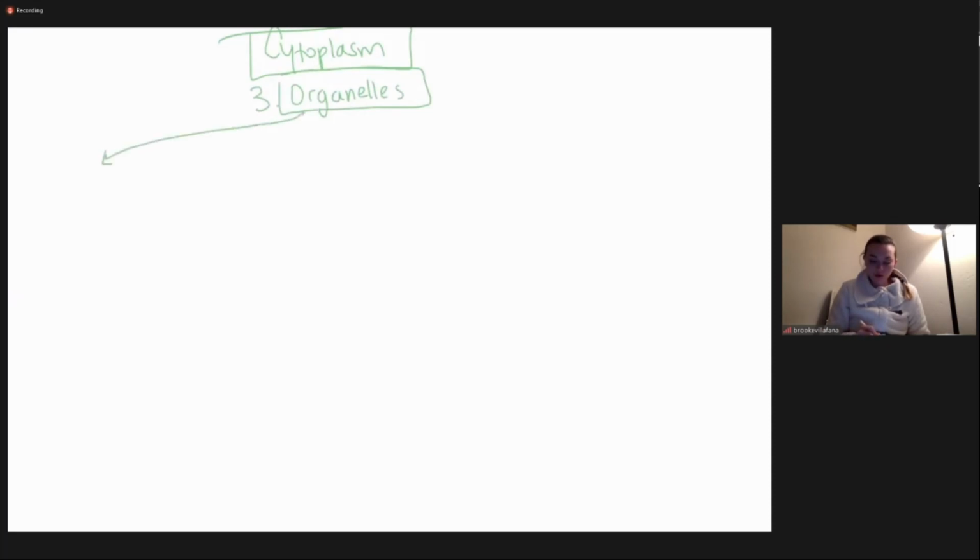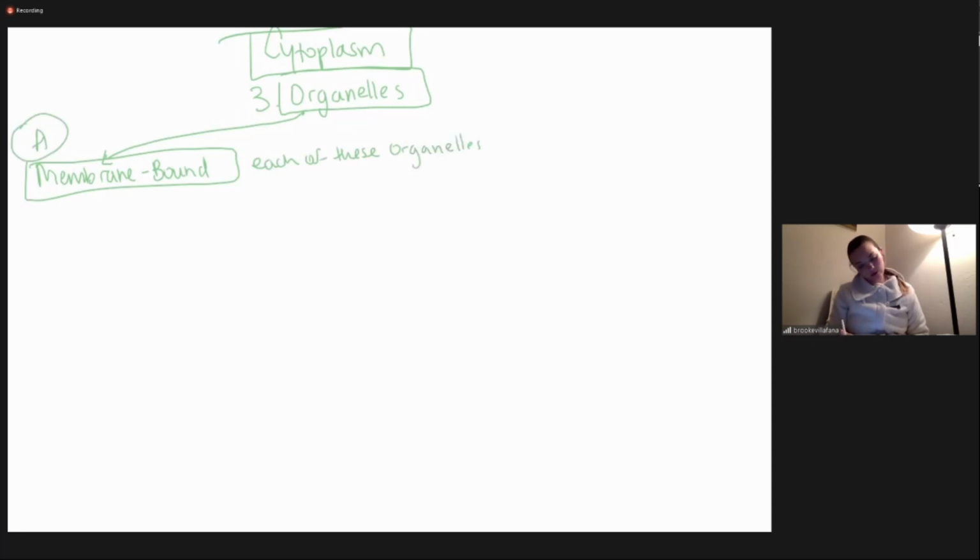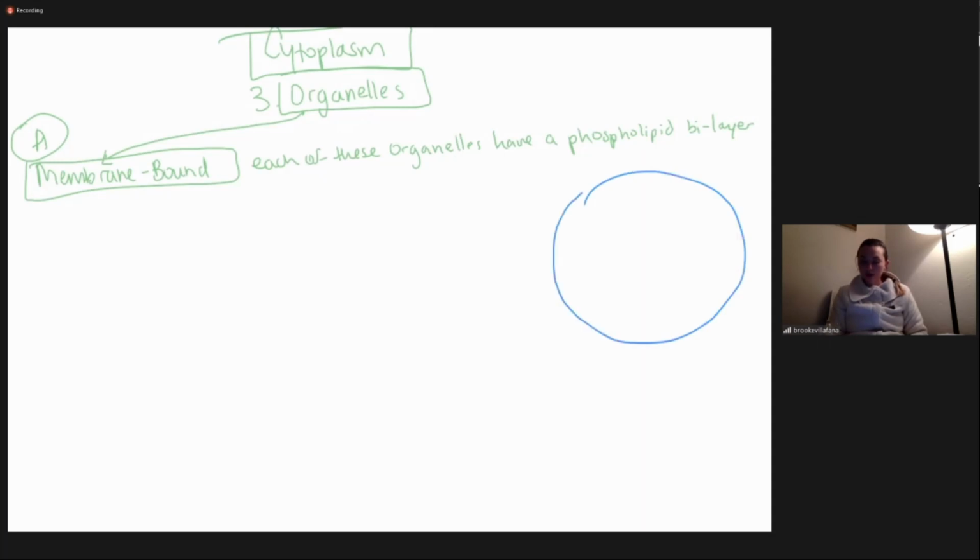So if we do organelles, we're going to start with membrane bound. Each of these organelles that are membrane bound, right? They have a phospholipid bilayer. So remember how we talked about that little phospholipid bilayer, right? Each of these little organelles within the cell has one. So picture your cell, right? And we said it has a little phospholipid bilayer going all the way around it, right?